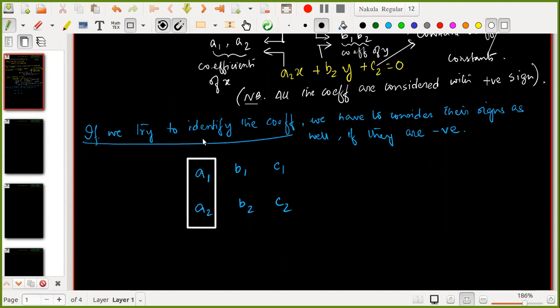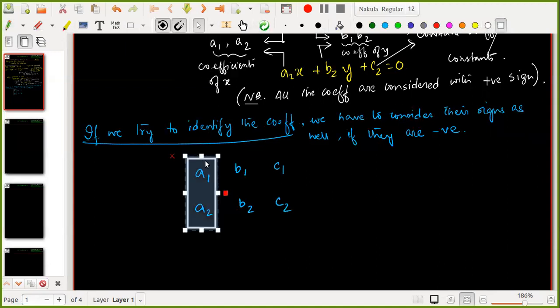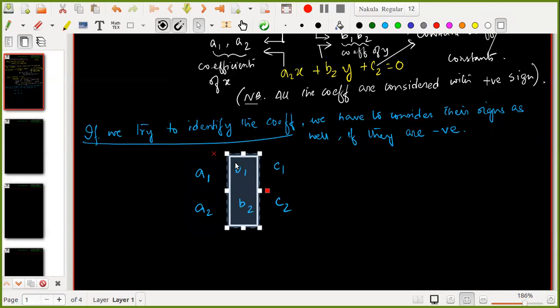window. We are going to have some kind of a window which will be focused on the coefficient of A1 and A2 when we are trying to solve for x. The window will focus on the coefficient of B1, B2. So that means it is the B1, B2 which is blocked.